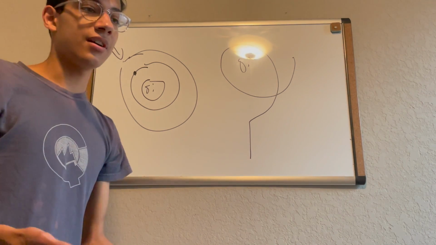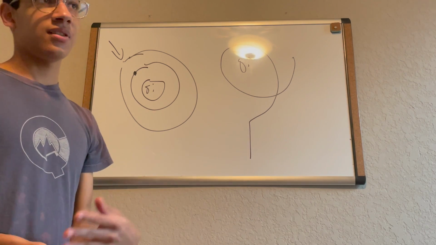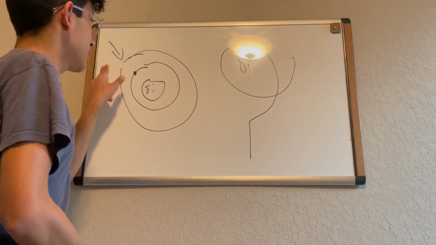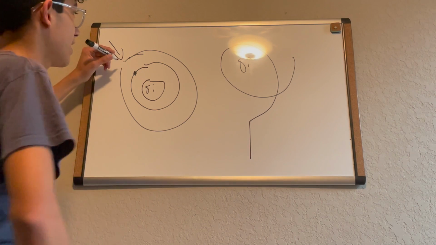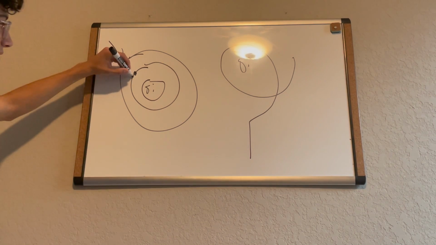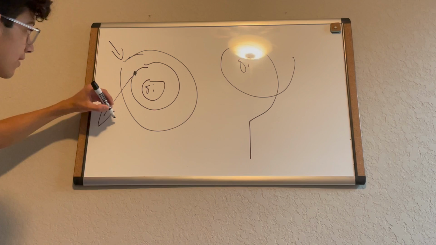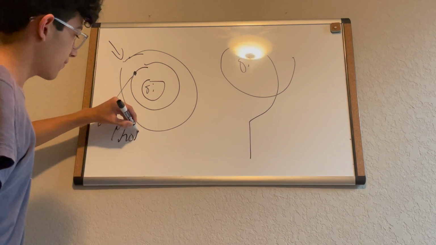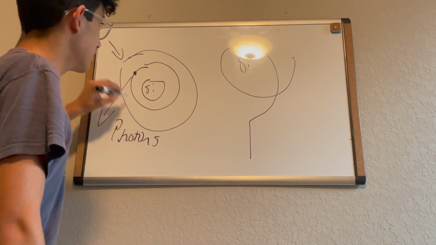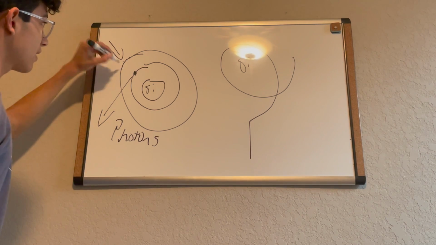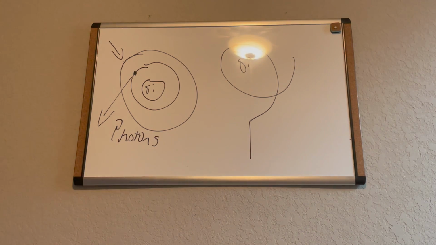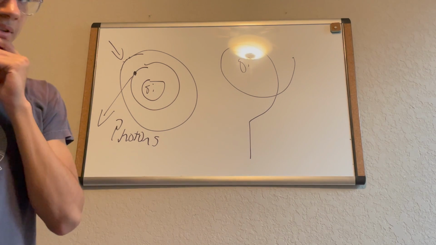Whenever you go downstairs, see how it's easier? When the electron goes down an energy level, it releases energy in the form of photons. Photons get emitted when it goes down an energy level. And those photons, guess what?